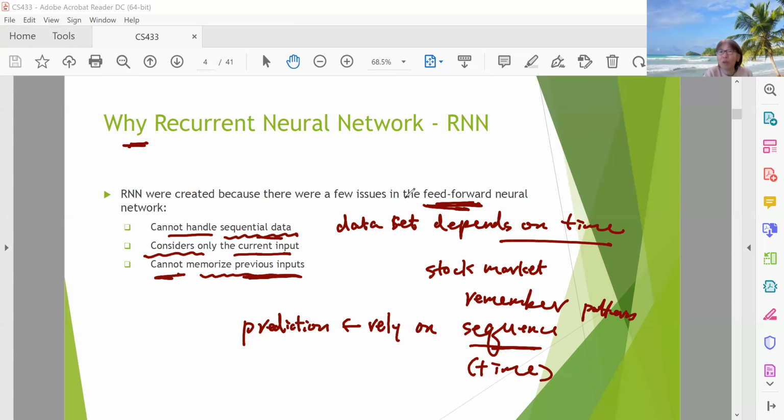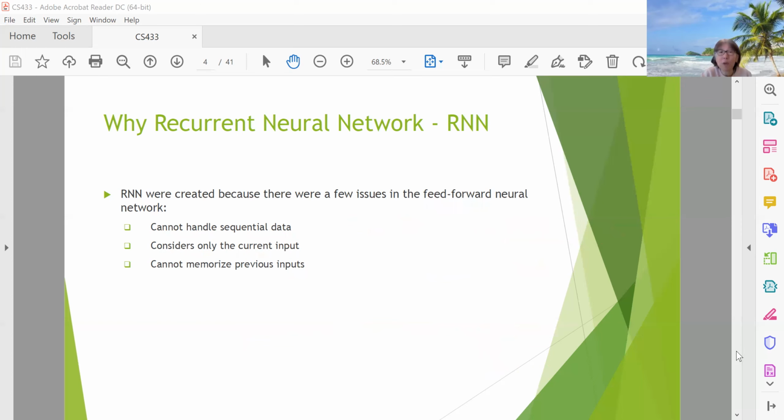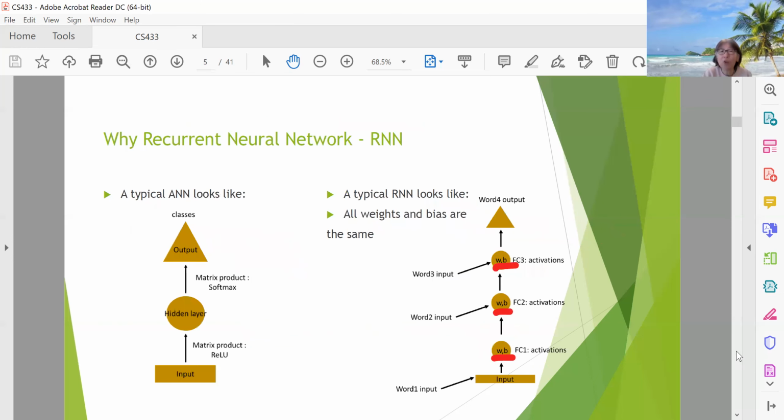Otherwise, if we just use feed forward, that cannot achieve the goal. So here is the reason why we need to do that.